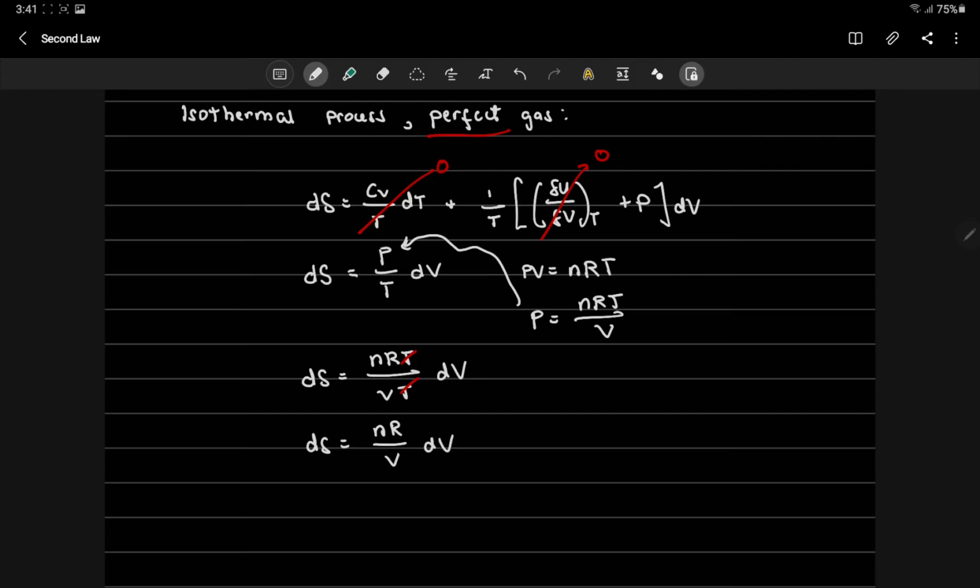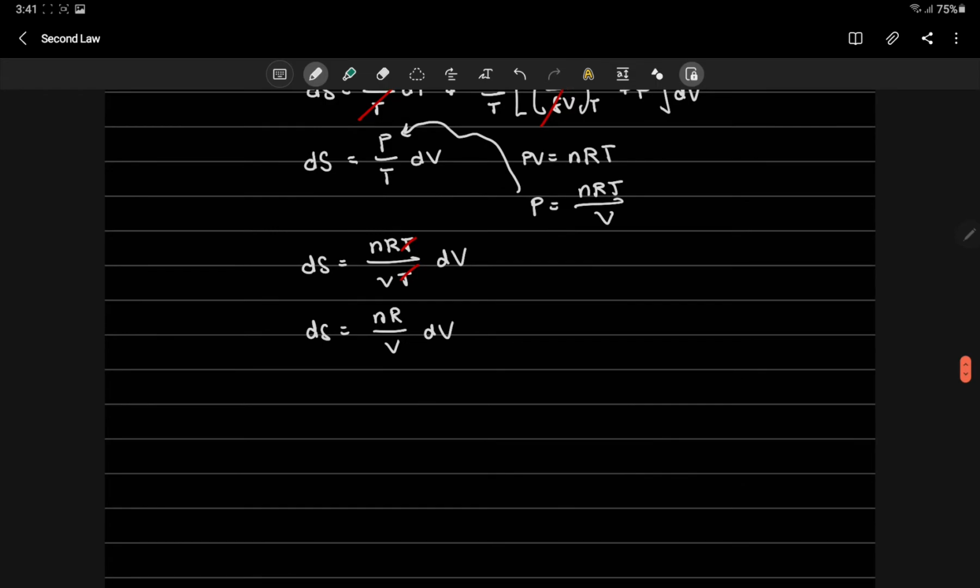Now, you have an expression which contains the variable volume and it can now be integrated. So, if we integrate this, okay, integrate ds, that will become delta S, and let's also integrate this from 1 to 2. So, magiging delta S, ano bang integral niyan? nR is constant, but 1 over V dV, ang integral niyan is ln of V2 over V1.